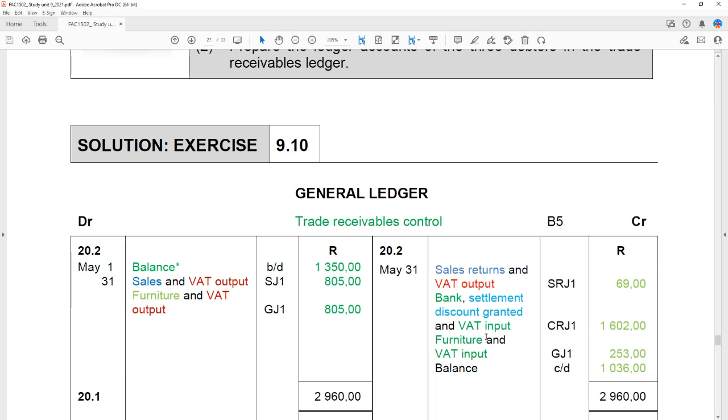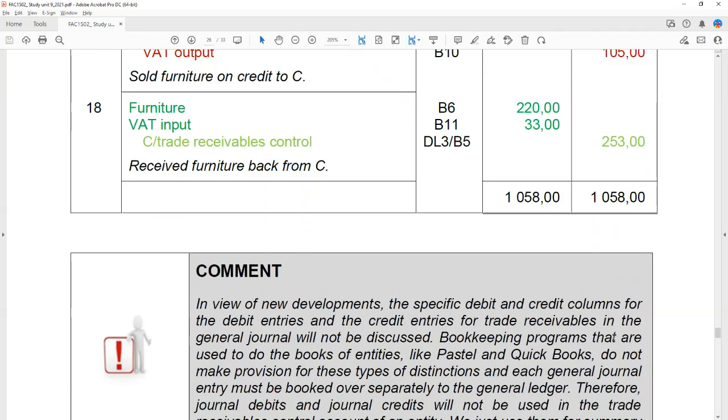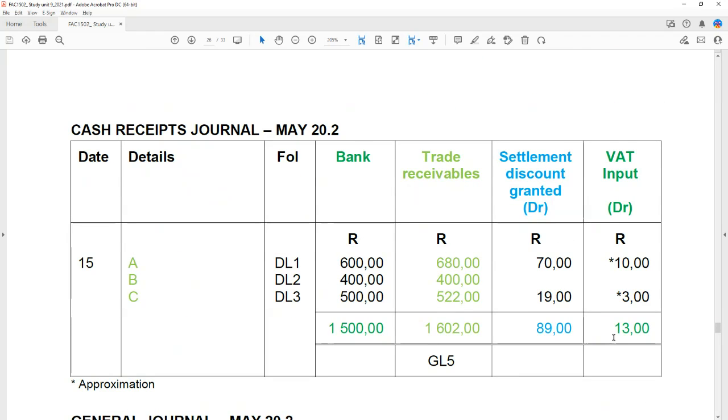Any payment received will decrease the amount that they owe us. So therefore, the payments received from the debtors will also be recorded on the credit side of our trade receivables control account. And that is 1,602 Rand that comes from our cash receipts journal.